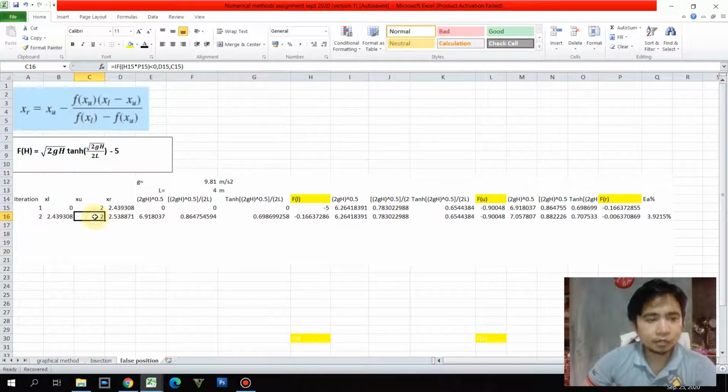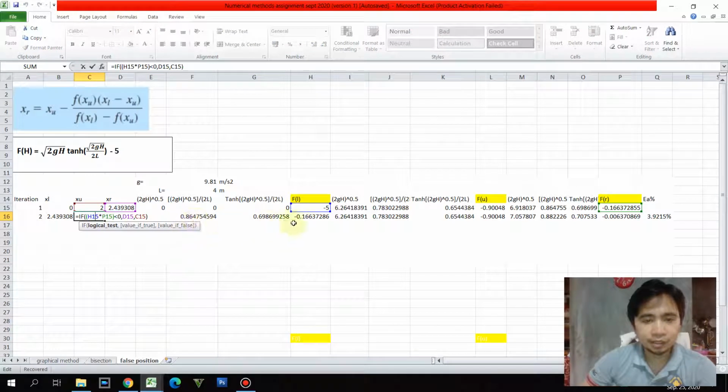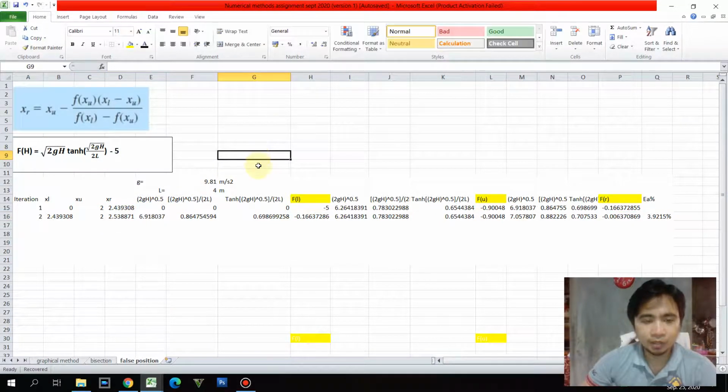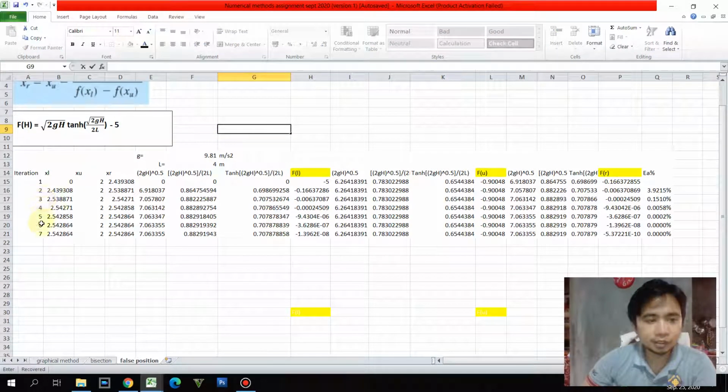So similarly for the upper limit that is tested, wherein if we multiply this one and if the product is less than 0, we adopt xr. Otherwise, we maintain the upper limit. And then copying all of the cells up to the 7th iteration.